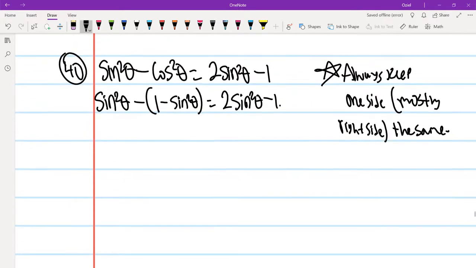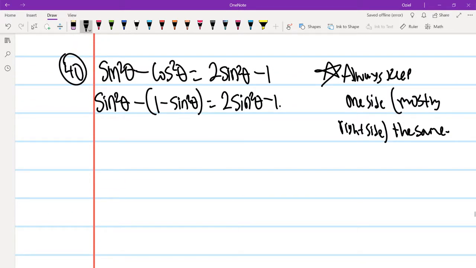And so then for this one you would say sine squared of theta minus 1 minus sine squared of theta, or plus sine squared of theta, excuse me, equals 2 sine squared of theta minus 1.